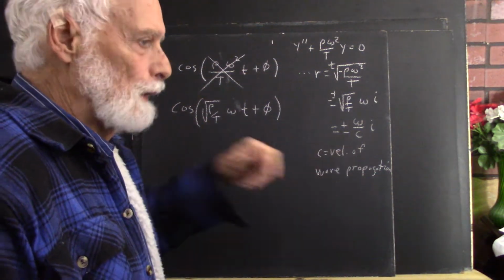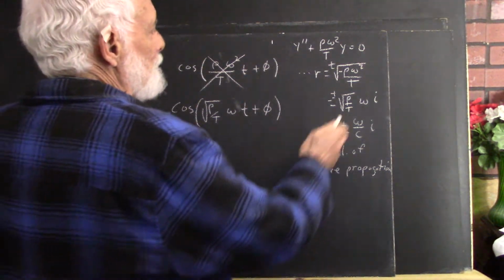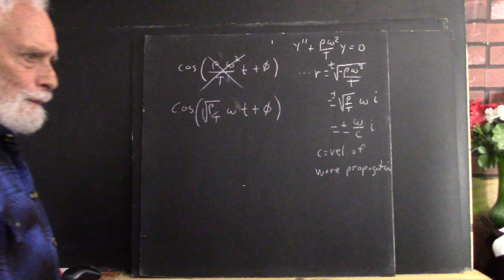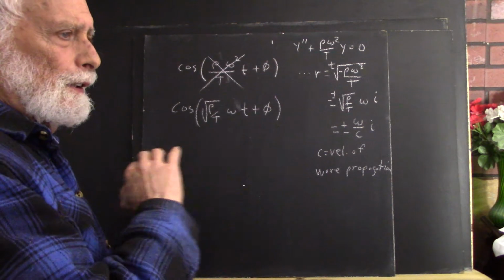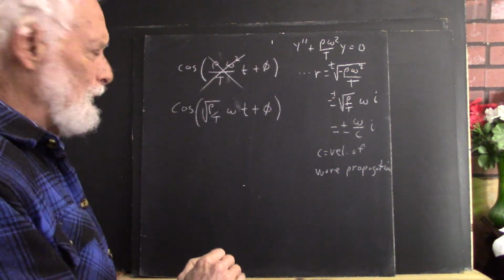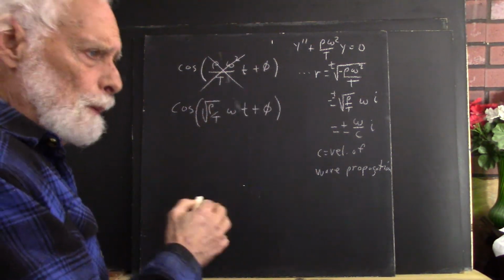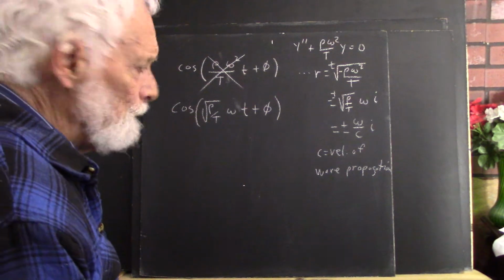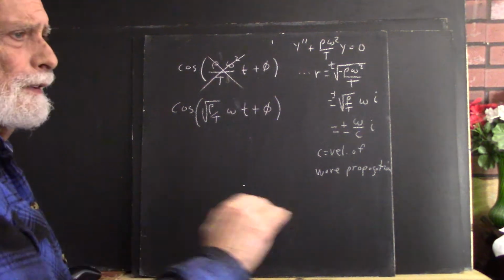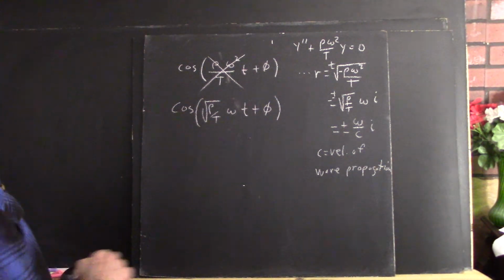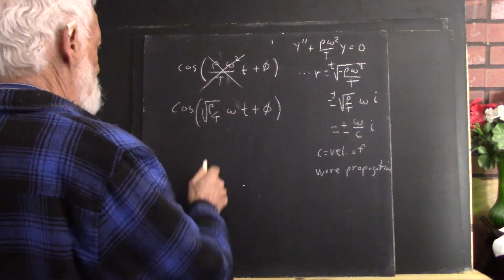C is your velocity of wave propagation, because that's the square root of rho over T. It's like the speed of propagation in a string of mass per unit length rho and tension T, which is the square root of T over your mass per unit length, which is very familiar when you're dealing with the propagation of waves in a uniform string. T is a tension, rho is like your mass density. Makes a lot of sense.